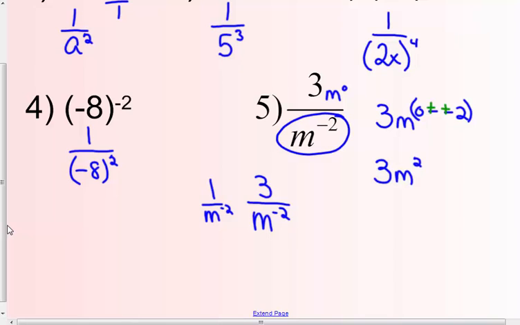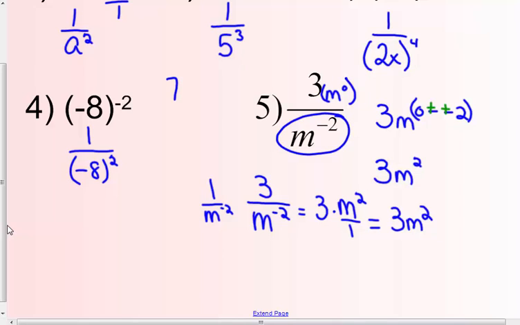Think positive and reciprocate it. Or do the multiplicative inverse, which would be 3 times m to the second over 1, which is 3m to the second. So there's a couple ways you could think about that. I could put in that, what you don't see here, it's not magic, m to the 0 power. In fact, any number really has a variable to the 0 power on it.